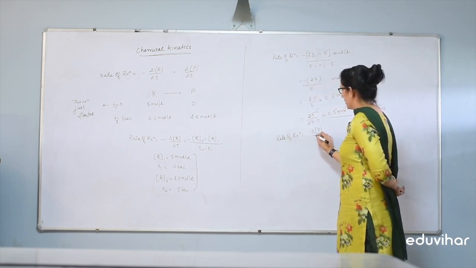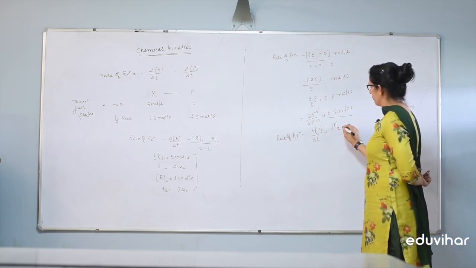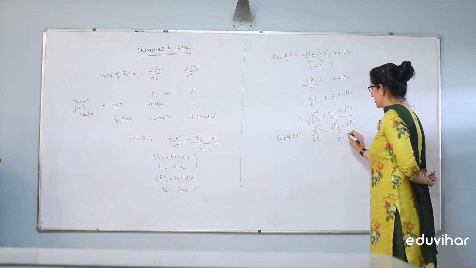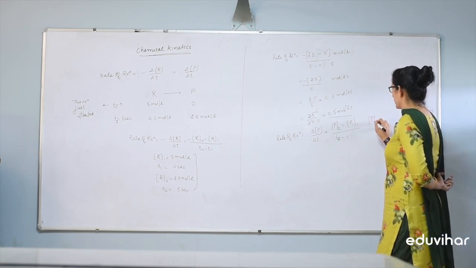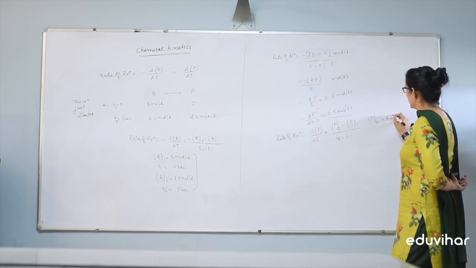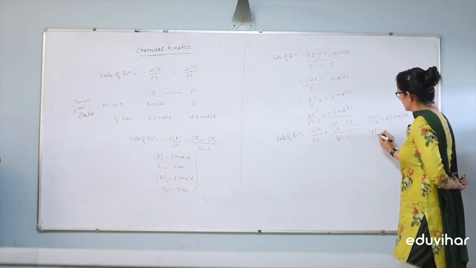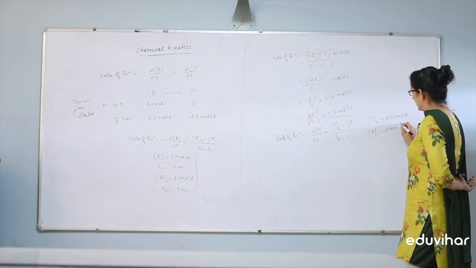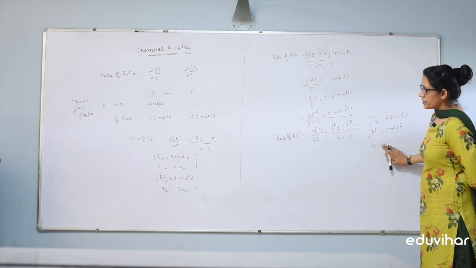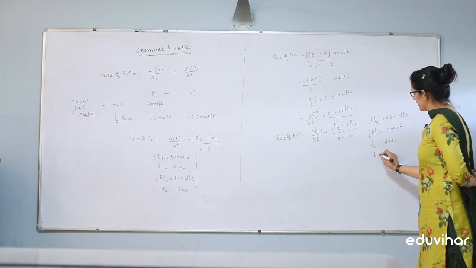Now we calculate rate of reaction in terms of product. Delta P upon delta T is equal to P2 minus P1 upon T2 minus T1. From the given data, P2 is 2.5 mole per liter, P1 is 0 mole per liter, T2 is 5 second and T1 is 0.